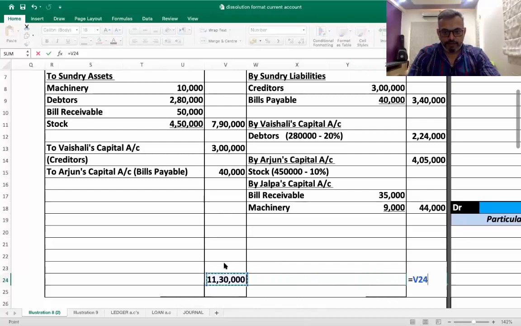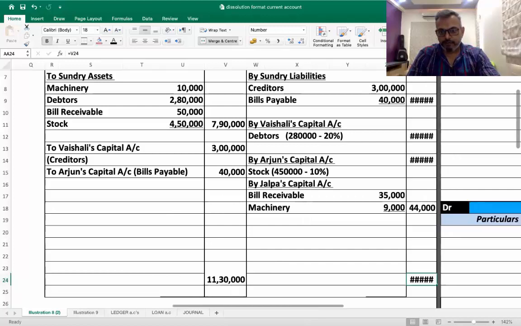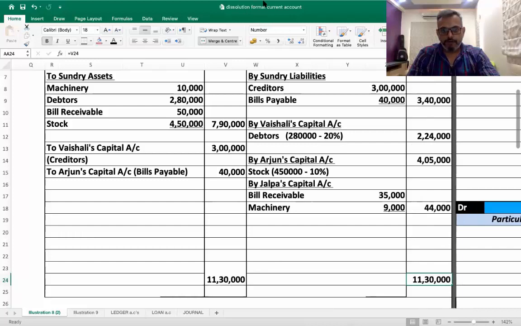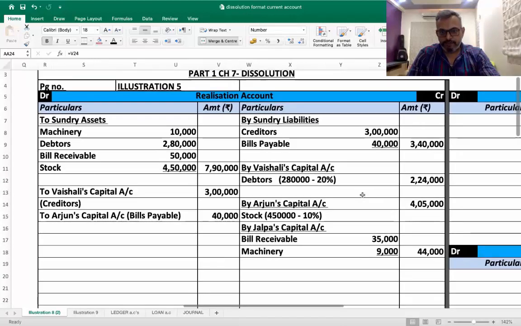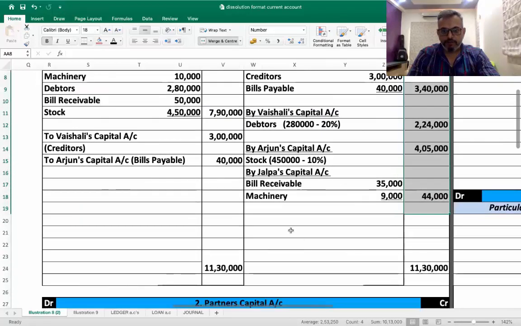Same comes on the credit side. Now from 11,30,000, you have to deduct all these: 3,40,000, 2,24,000, 4,05,000 and 44,000. So 10,13,000 you have to deduct.